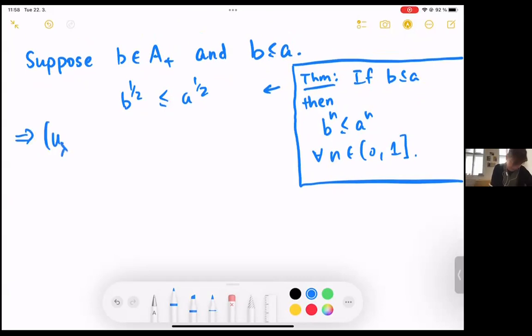So again, using our approximate unit. Oh, maybe I want even, do I want a quarter here maybe? Sorry, my notes are a bit messy.